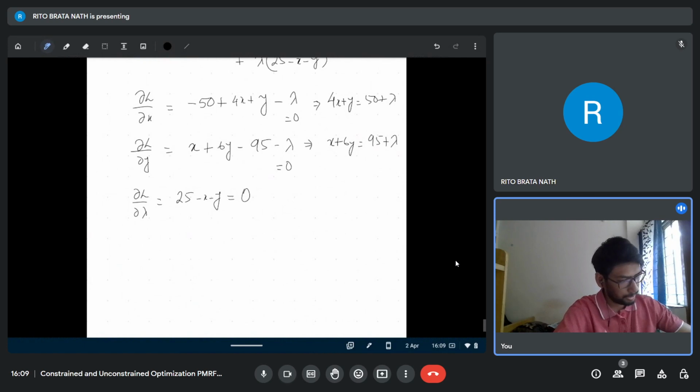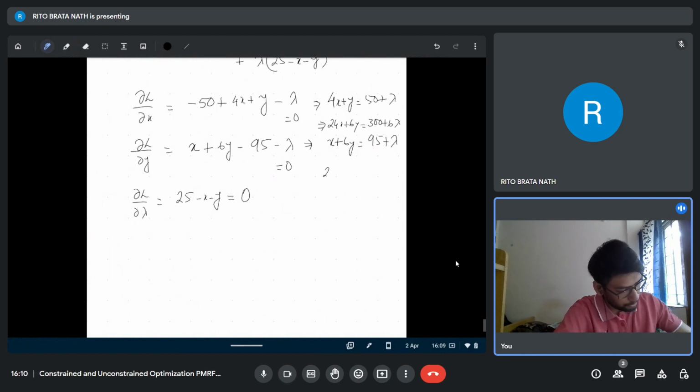So what we can do is express x and y in terms of lambda and then solve this. So let's multiply the first equation by 6. This is 24x plus 6y equals 300 plus 6 lambda.